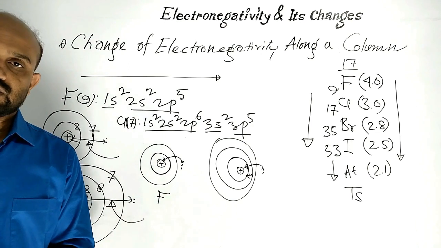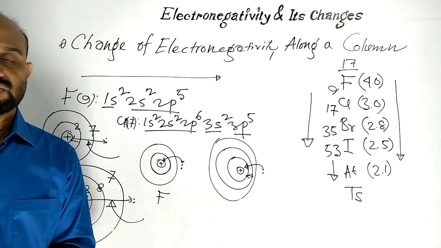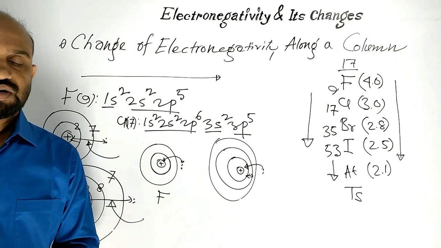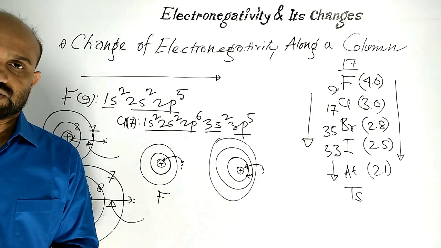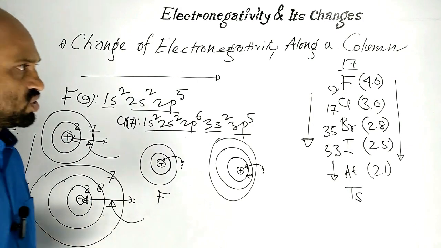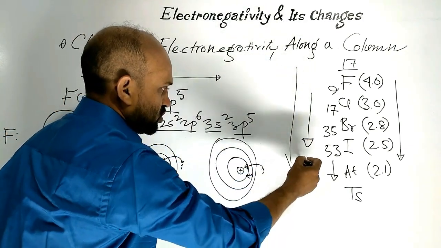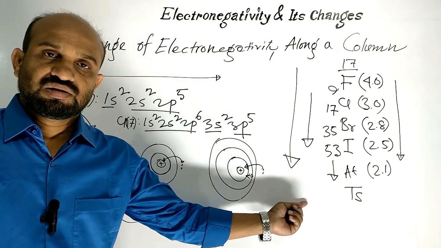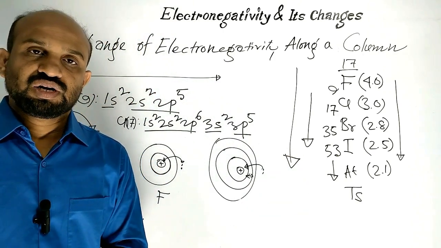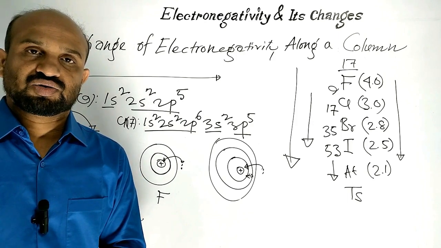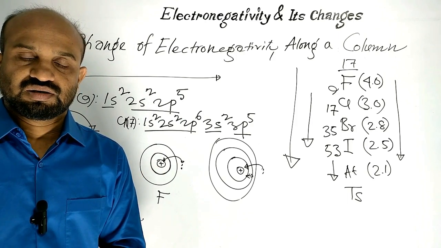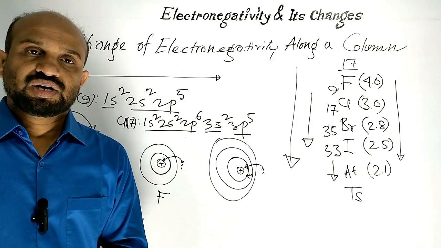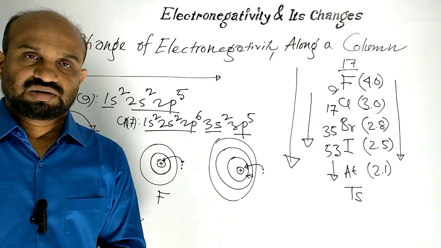When distance increases, attraction force decreases. That is, electronegativity decreases. That means from top to bottom, atomic sizes increase, the distance between the nucleus and covalently bonded electrons will increase. Ultimately, electronegativity will decrease.